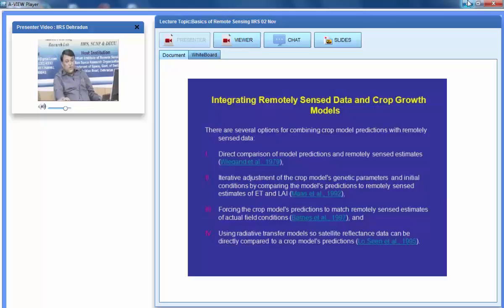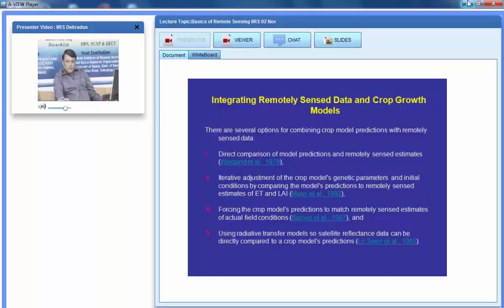So if you have crop model output in the form of LAI, you can input it into the radiative transfer model and you will get the simulated reflectance, which you try to match with the satellite based reflectance using some merit function to minimize errors.